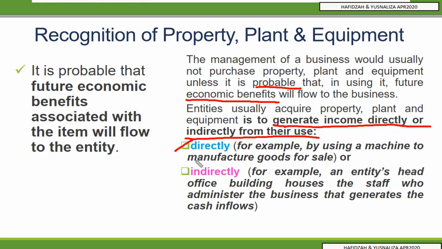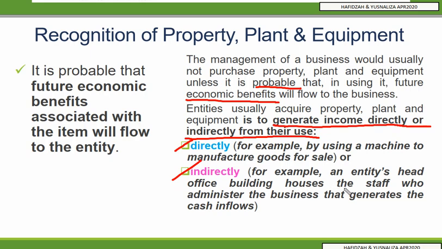Let's look at the directly one. Directly means, for example, you're using a machine to manufacture goods for sale, like the example that we looked at earlier on the ferry. The ferry is used to ferry customers from the mainland to Penang, and then you charge the customers a fee for the transportation. So it is directly used in the business. What about indirectly?